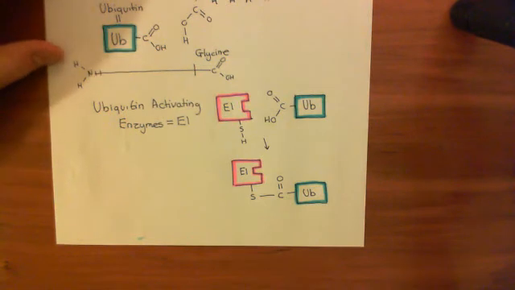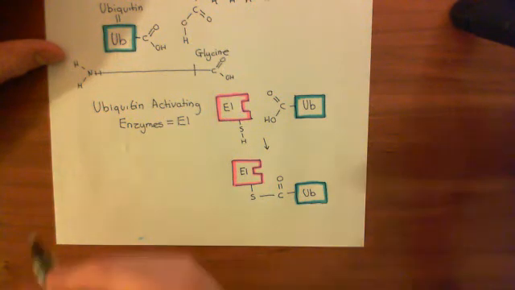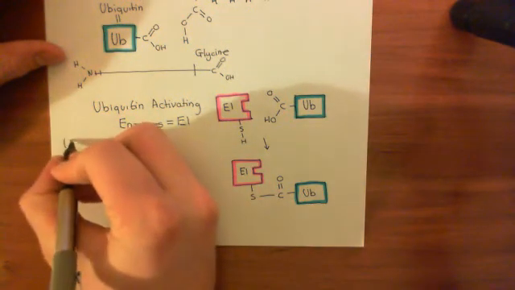Okay, now what's going to happen is the next hero in this story is going to come along, and the next enzyme that's going to come along is known as a ubiquitin conjugating enzyme.